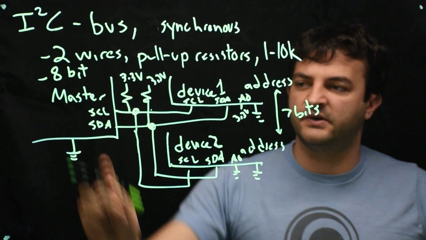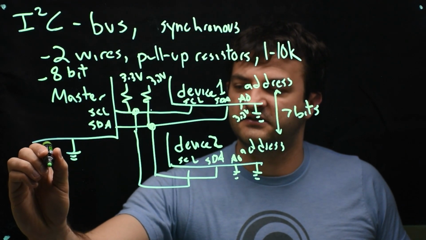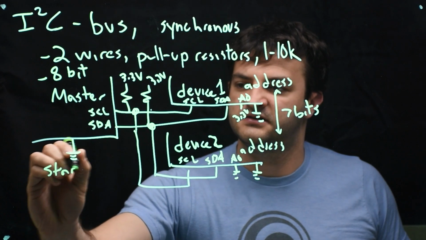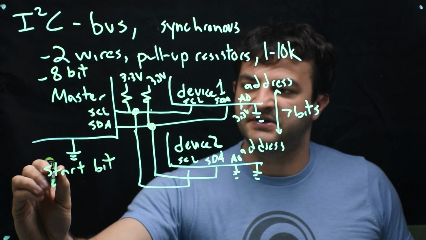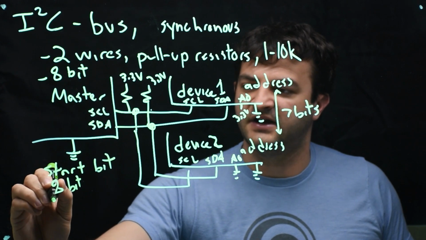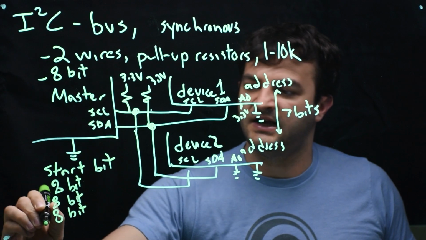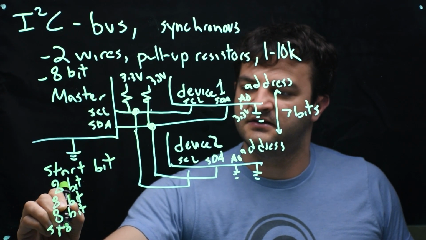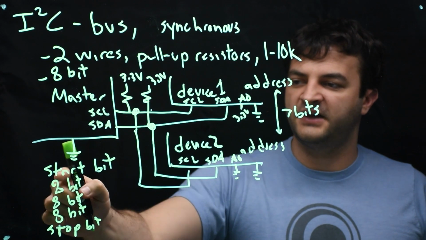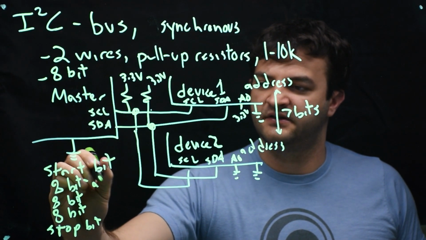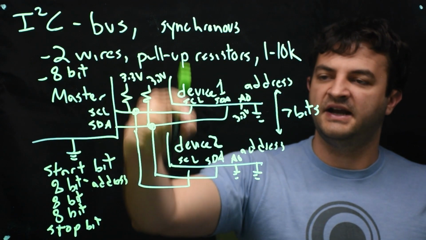So the master, when it wants to talk, goes through a process of first doing a start bit, and then it will write 8 bits 3 times, usually, and then a stop bit. The first 8-bit write is the address. So both chips will see the start bit and the address.